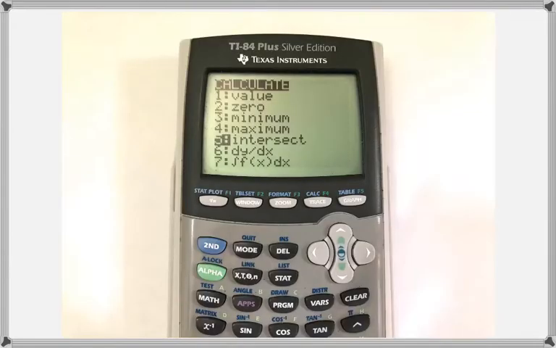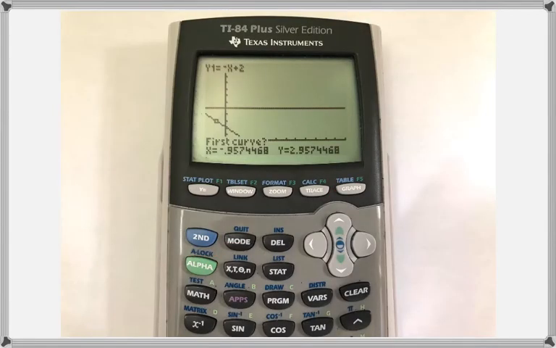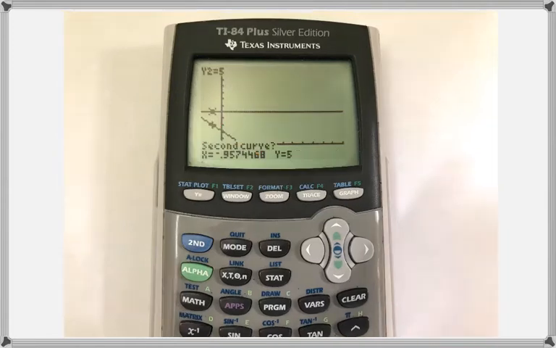To find my first corner point, I want to use the intersection command. And I'm trying to find this point right here. So I need to select this line and this line. It's already on this line, which is y1, so I just need to press enter. So that has declared that as our first curve. Now I need to declare the axis as our second curve.